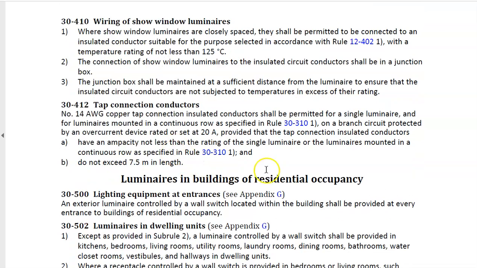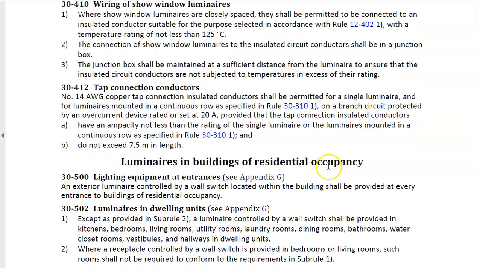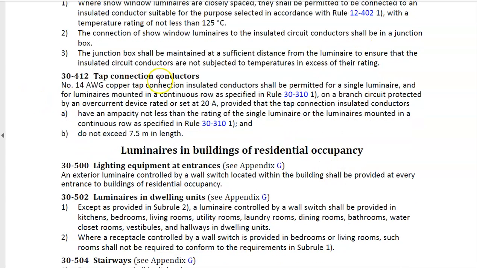Okay, we're going to go down from there. Tap conductors. You're allowed to do tap conductors if you're doing continuous row mounts. If you've got a 20 amp continuous row, so you've got a 20 amp fixture, this obviously could not be in a dwelling unit, but you're allowed to be 20 amps outside of a dwelling unit.